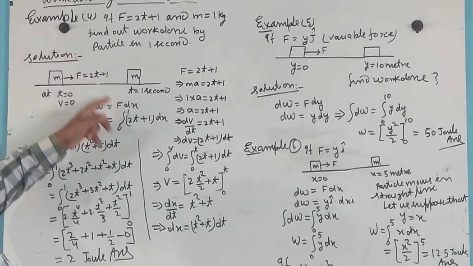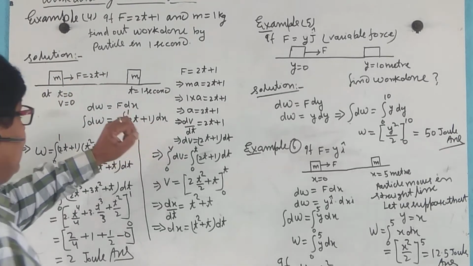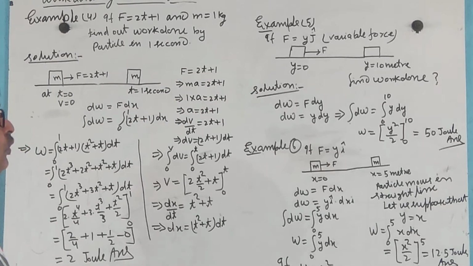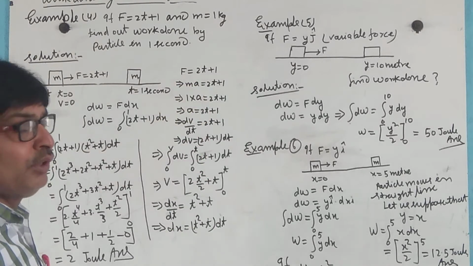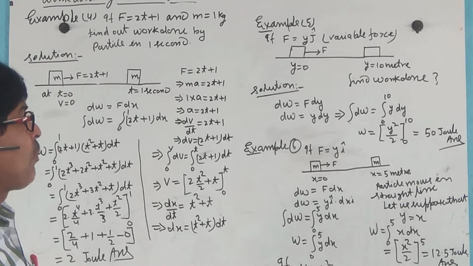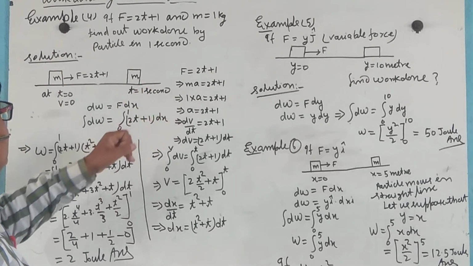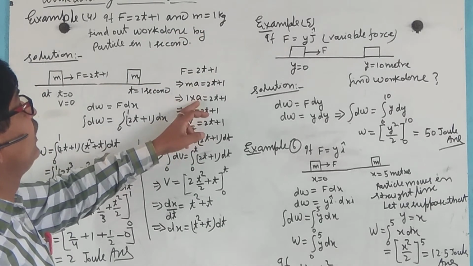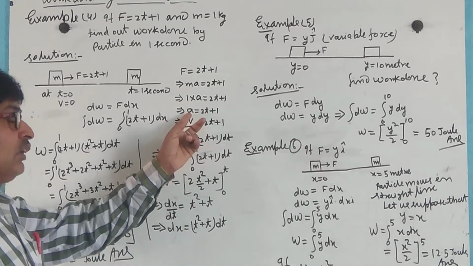We know that F is equal to 2t plus 1, given here as force, and with the help of Newton's second law, F is equal to ma. Mass is 1 kg, given in this problem, so a is equal to 2t plus 1 here.